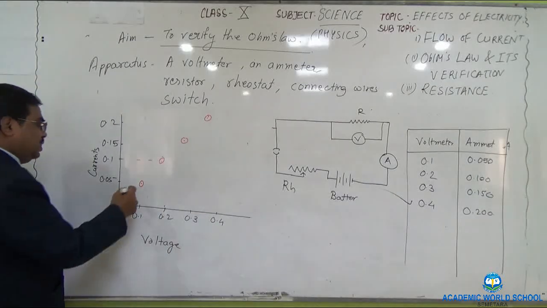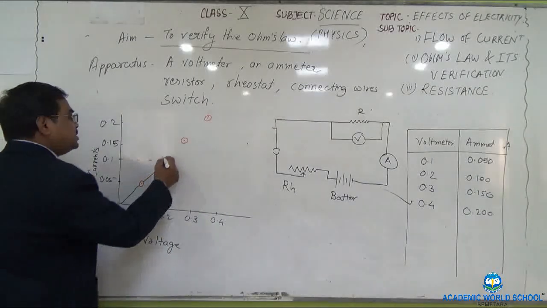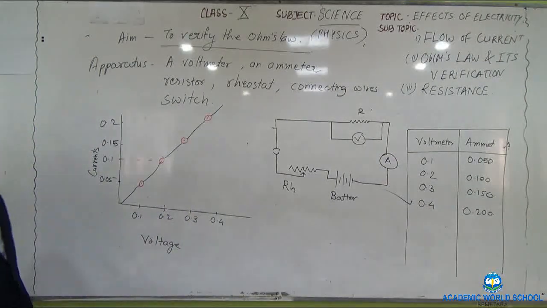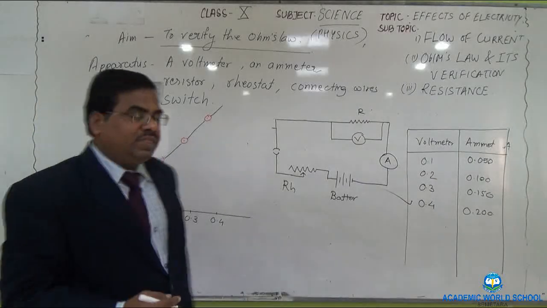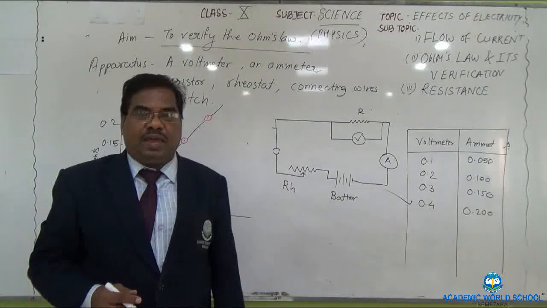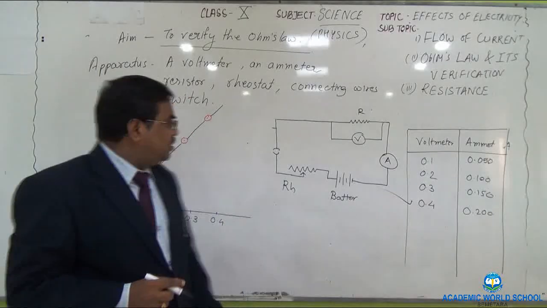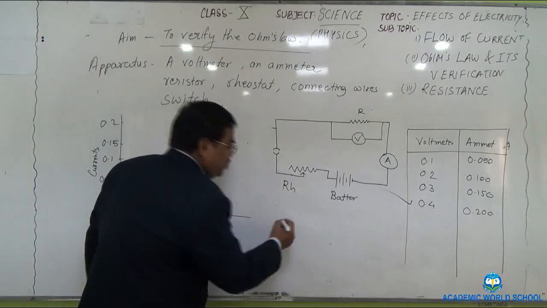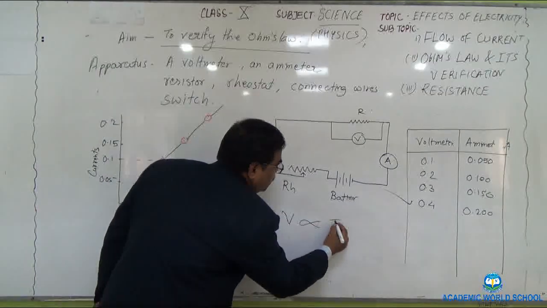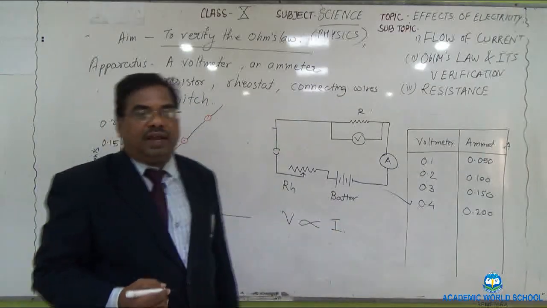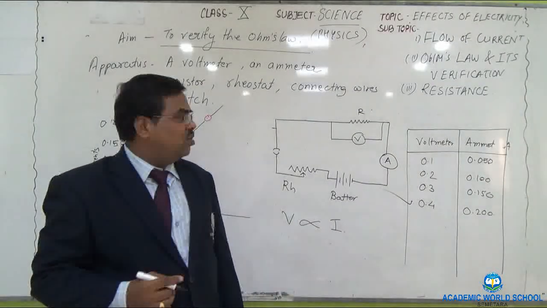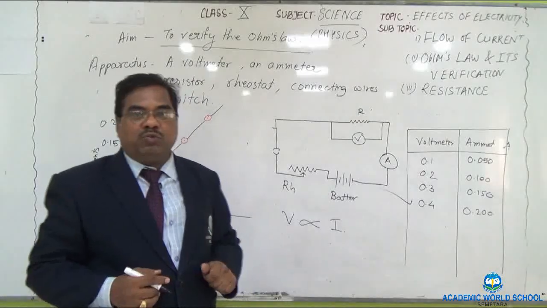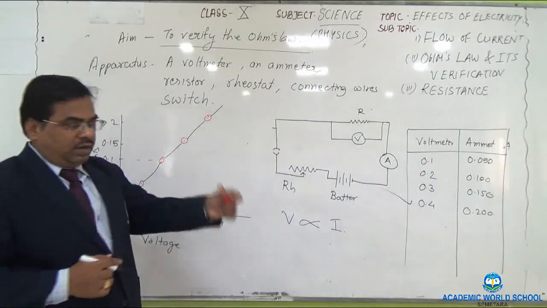If you join all these points, they all appear to be on a straight line. A straight line between the two values V and I concludes that the voltage is directly proportional to current. Voltage is proportional to current, and that is what is the Ohm's law. Hence, we have verified the Ohm's law. So, how to verify the Ohm's law?